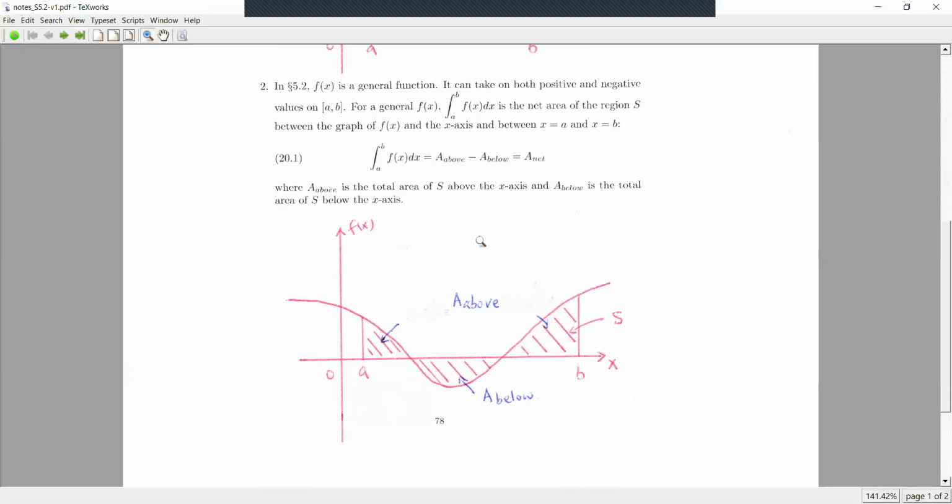In this diagram, the total area above the x-axis is this area plus this area, and the total area below the x-axis is this area. When a function is a general function, the integral is the net area: total area above the x-axis minus total area below the x-axis.